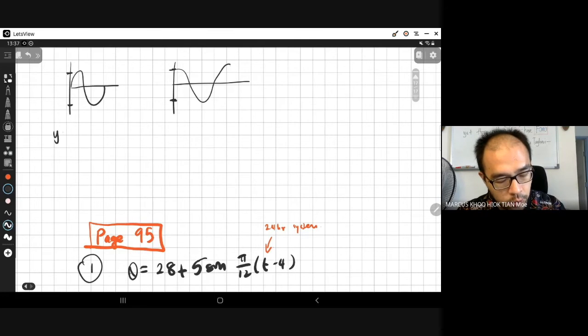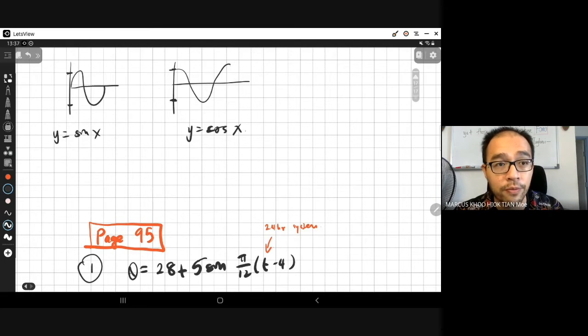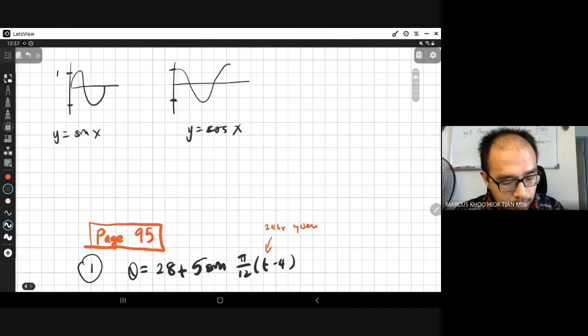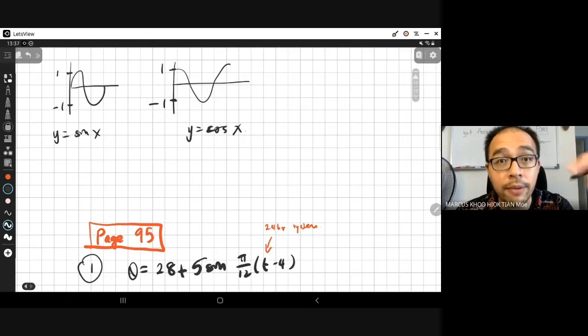If this is y equals sine x and y equals cos x, what is the maximum amplitude for both these graphs and the minimum? 1 and -1. So 1 and -1.